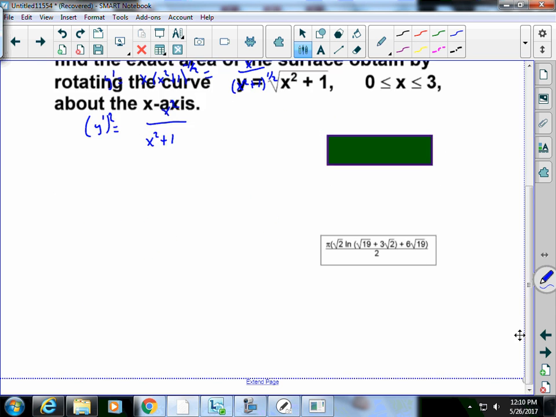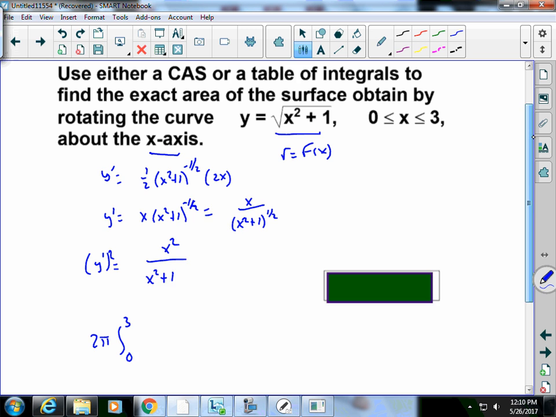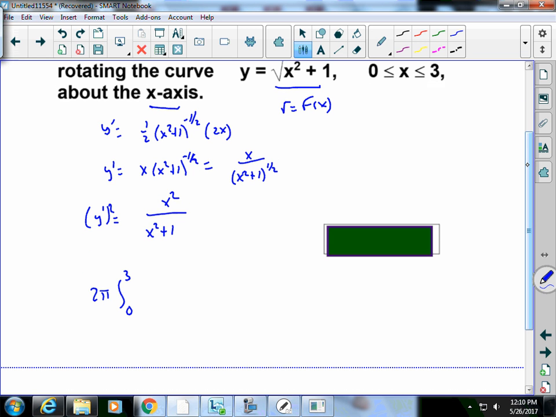So we're ready to set this up. I'm at 2 pi, integrating from 0 to 3. I want my r to be my f of x, which is the square root of x squared plus 1, times the square root of 1 plus my dy dx squared, which is x squared over x squared plus 1, dx.